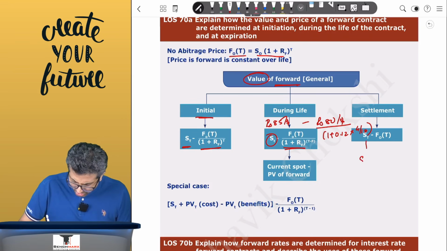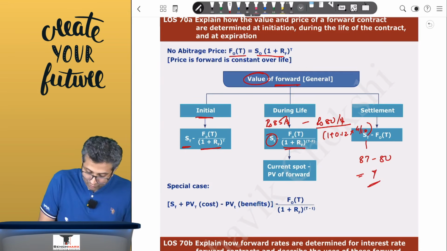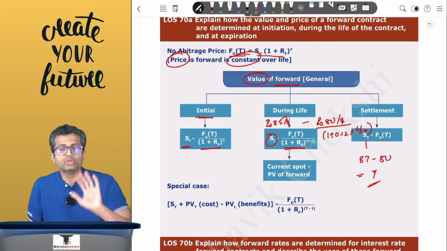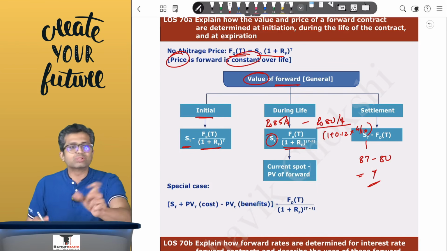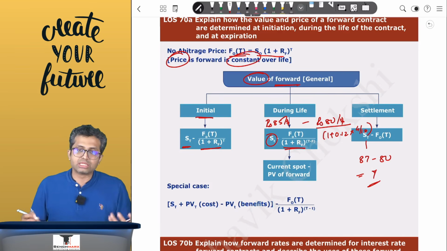Let us say the spot becomes 87, minus the forward rate, that is 80, and then 7 rupees will be your value. Remember, this price is expected to remain constant. However, the value of a forward contract, that is, the net settlement amount, will keep on changing. Special case, in case there is cost and benefit, as we discussed.